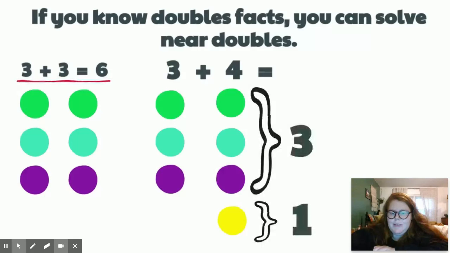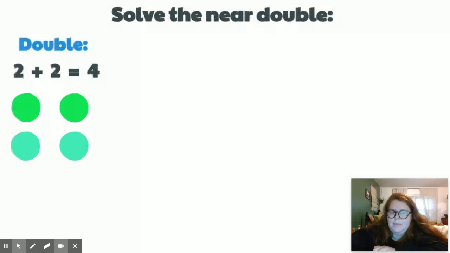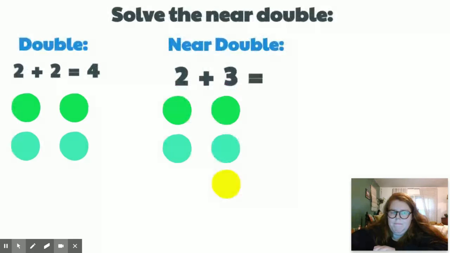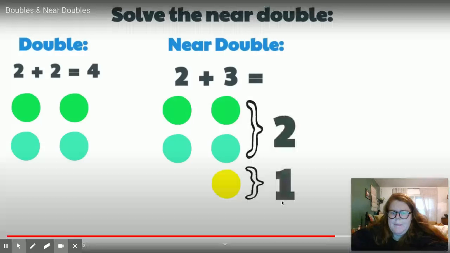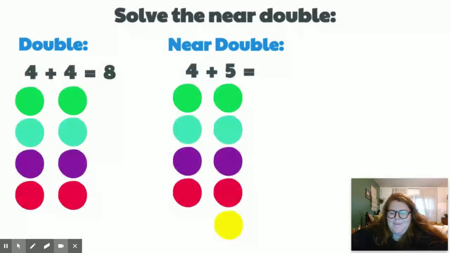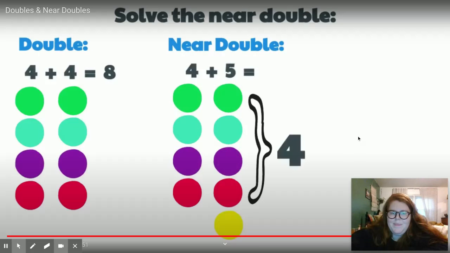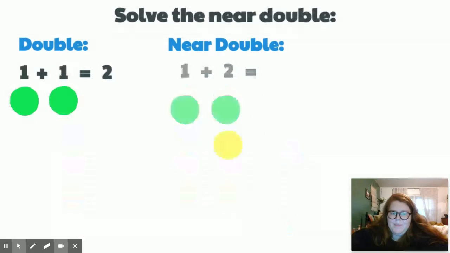And if 3 plus 3 equals 6, 3 plus 4 equals 7. Solve the near double. What's that near double? 3 is just 2 and 1 more. So 2 plus 3 equals 5. Solve the near double.